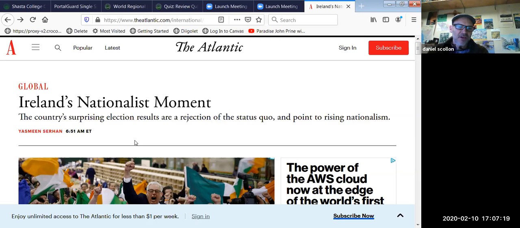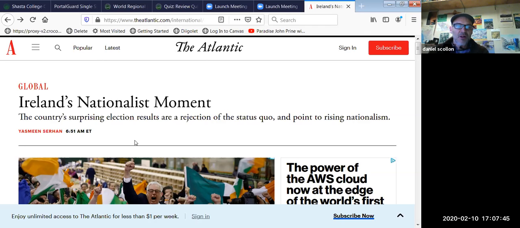So how does this affect Northern Ireland, or how does this affect Ireland? Well, under the European Union, people could freely move between the Republic of Ireland and the neighboring country of the United Kingdom in Northern Ireland. So you could cross easily from the Republic of Ireland to Northern Ireland, which people wanted to do because they had family members and so forth.